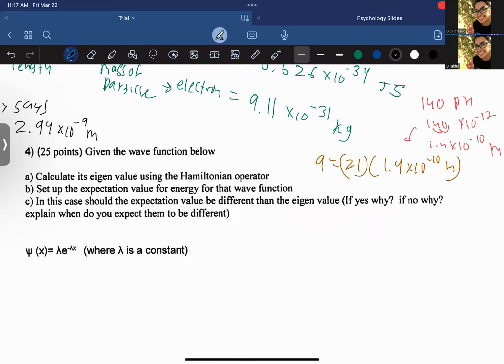I'm going to need to grab them for my notes. The Hamiltonian operator. Here it is. Hamiltonian, negative ħ squared over 2m. And then we have our expectation value.